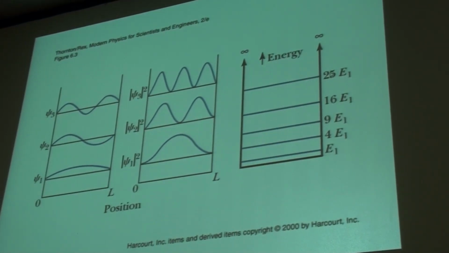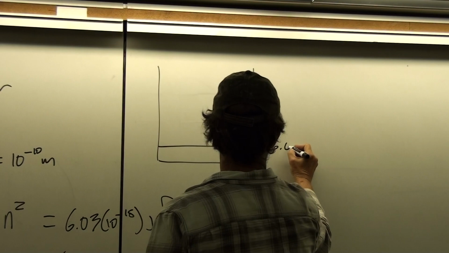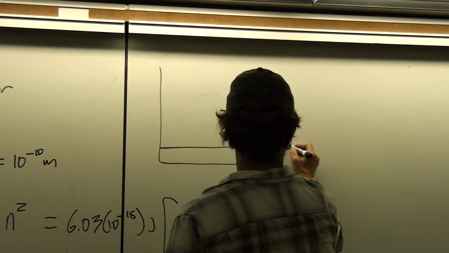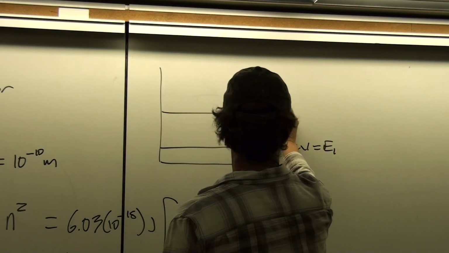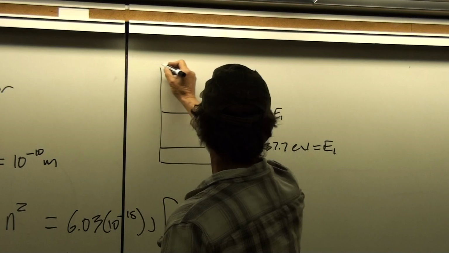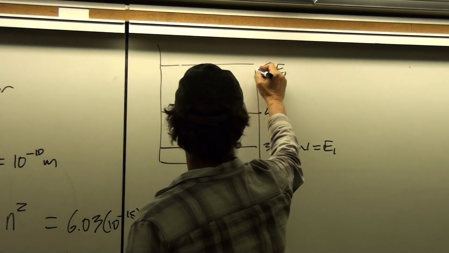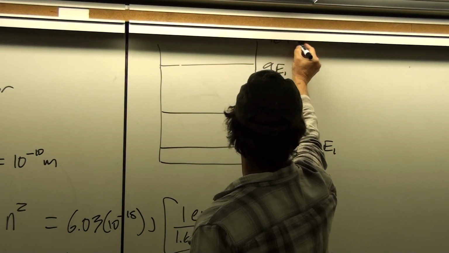So if we look at these energy levels then, where this is 37.7, sorry, and this is 4E1, this is 9E1, and then we keep going up. The next one would be 16E1.